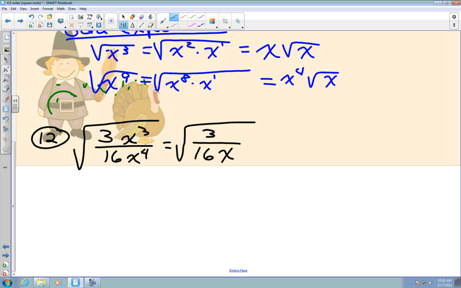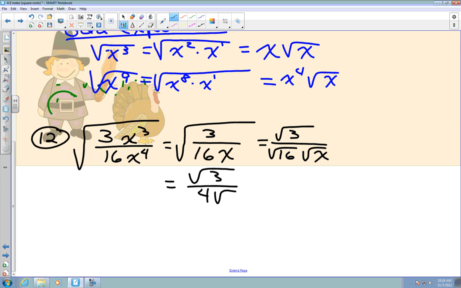Okay, so then at this point, you break it into its pieces. You've got the square root of 3 on top, the square root of 16, and the square root of x. Well, what is the square root of 16? 4. So I've got root 3 over 4 root x.